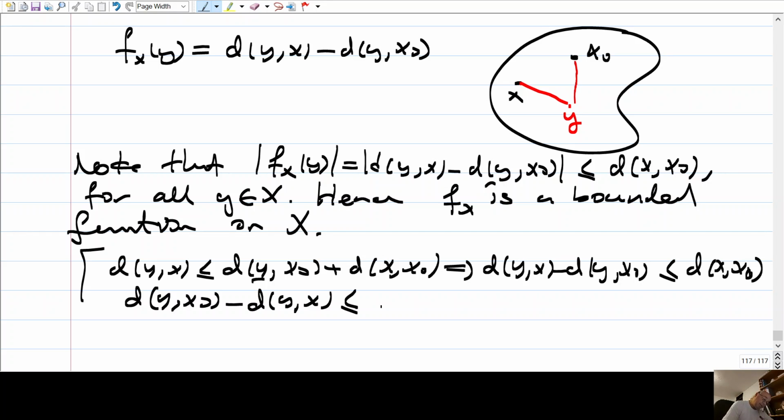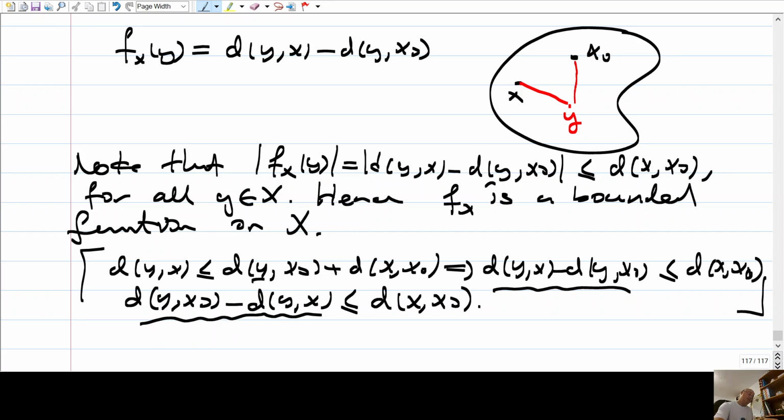And if you change x and x0, this doesn't change. So what you see is that this common number is both greater than this number and its negative. This is just minus 1 times this number. So this number is greater than this and it's negative. Therefore, this is larger than its absolute value. Okay, so that's the explanation, and this tells us that this is a bounded function.